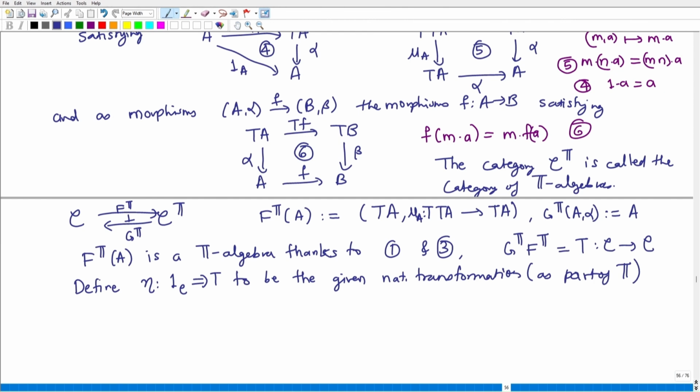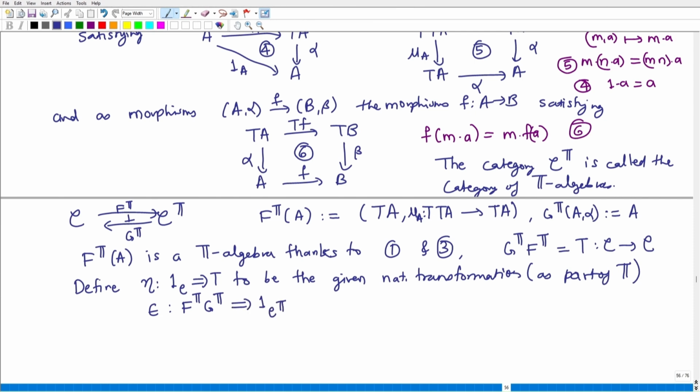Okay. Finally, we also need epsilon. So epsilon we want to define. So epsilon should be from where to where? Tell me. From FT GT to 1 sub CT.